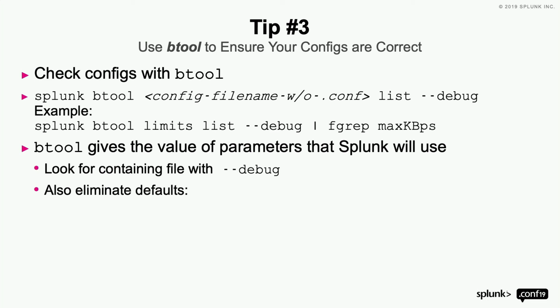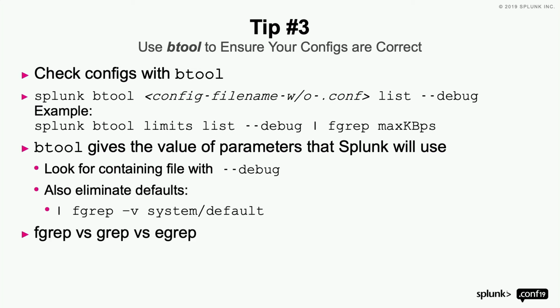And also, if you want to eliminate the things that are in there by default, like system defaults, you can do that with a pipe to fgrep -v on system/default. That will eliminate all the things that would come out normally through system default.